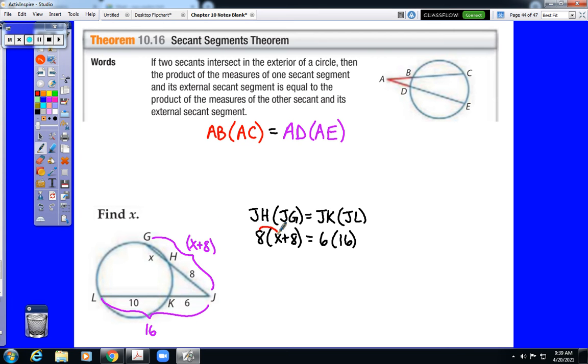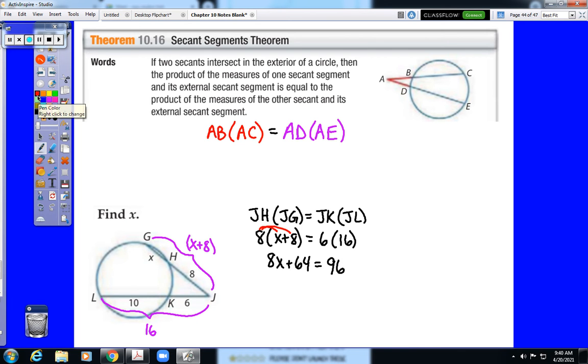So on the left side, we need to distribute the 8. That would give us 8x plus 64. On the right side, 6 times 16 is 96. That's a two-step equation, so we would subtract 64 from each side, which would give us 8x equals 32. And then we would divide by 8, which would give us x equals 4.